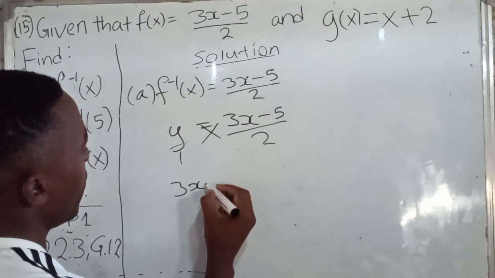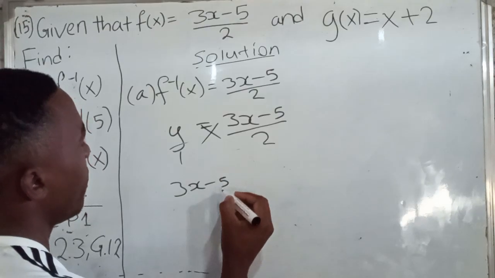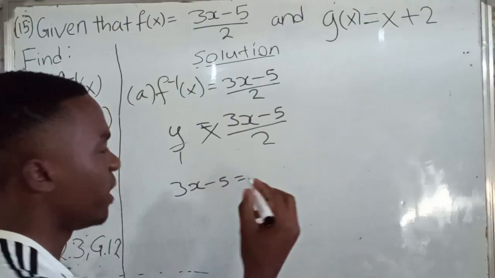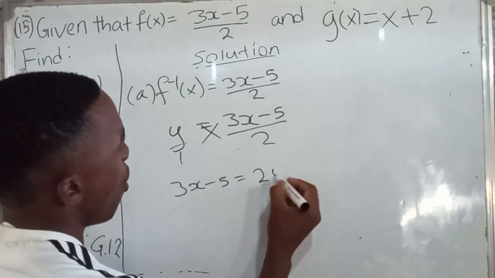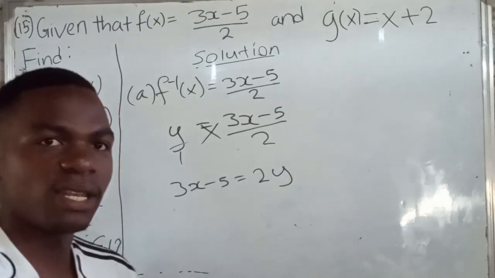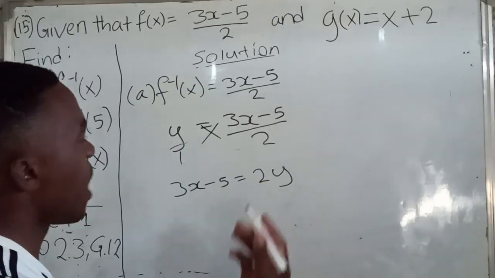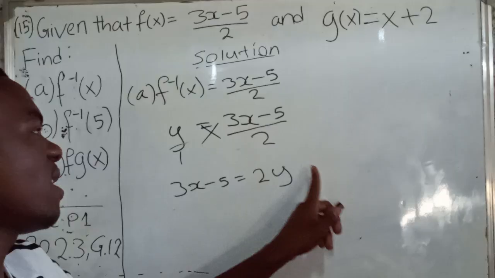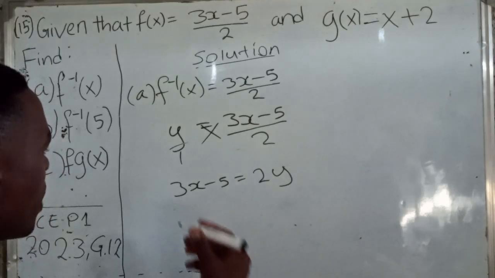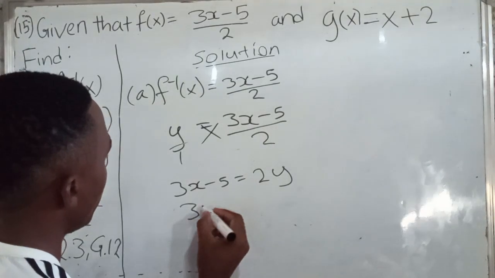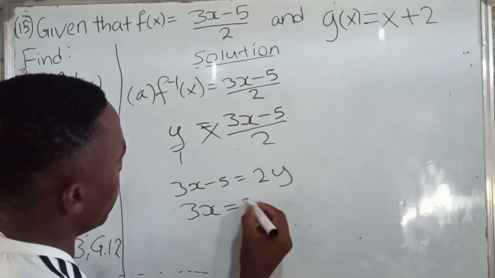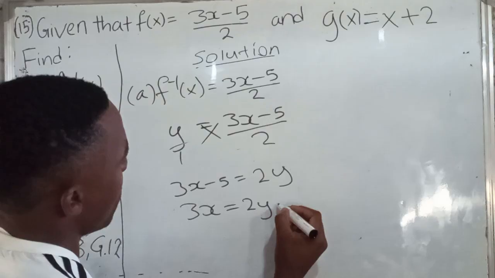So 1 multiplied by everything that is in here, we are just going to get the same expression. So we have 3x minus 5 is equal to y multiplied by 2. It is 2y. At this point, we can make negative 5 cross the equal sign. So we are going to have 3x equal to 2y.